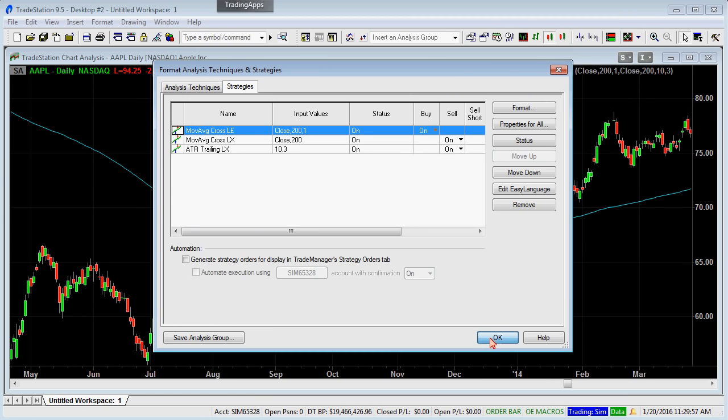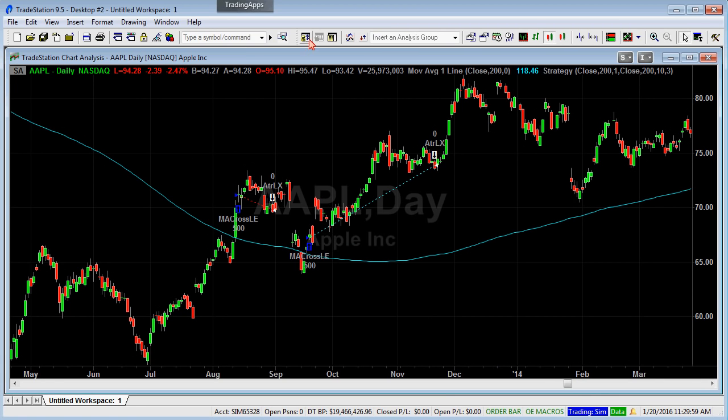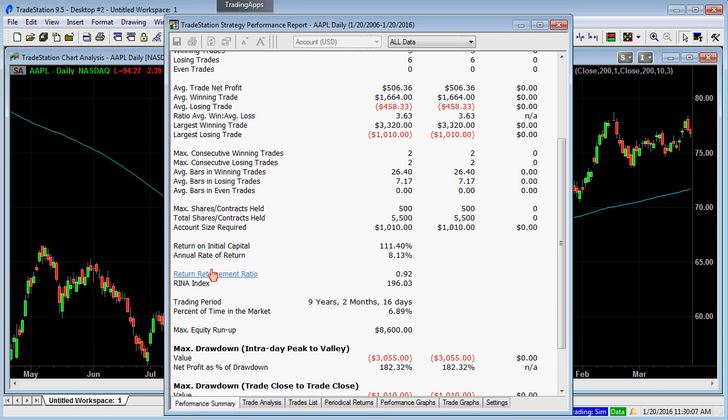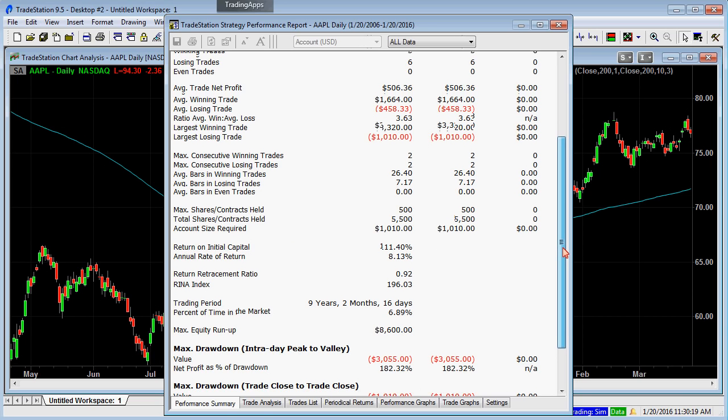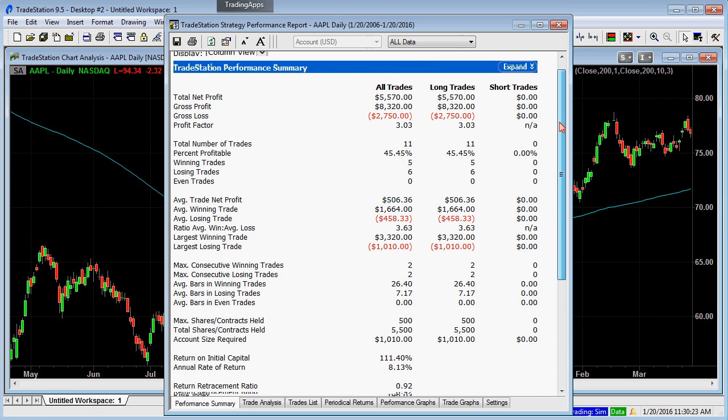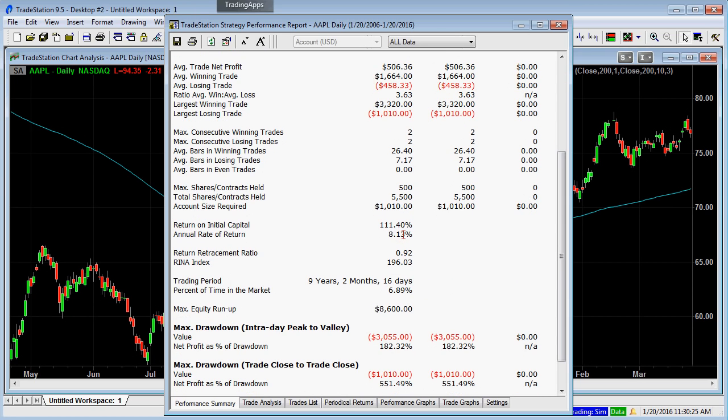And when I click OK, and I click on OK, the performance report uses that number, not the account size required. Notice how account size required remains the same, but it uses the calculation to give you an annual rate of return. So it does have an 8% rate of return. And the return on initial capital is 111%, because we started off with $5,000 and we made $5,500, which is 111%.